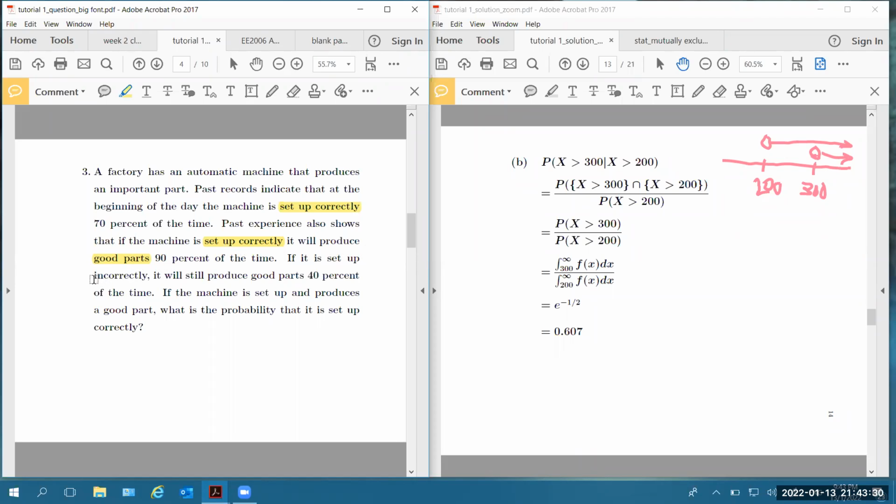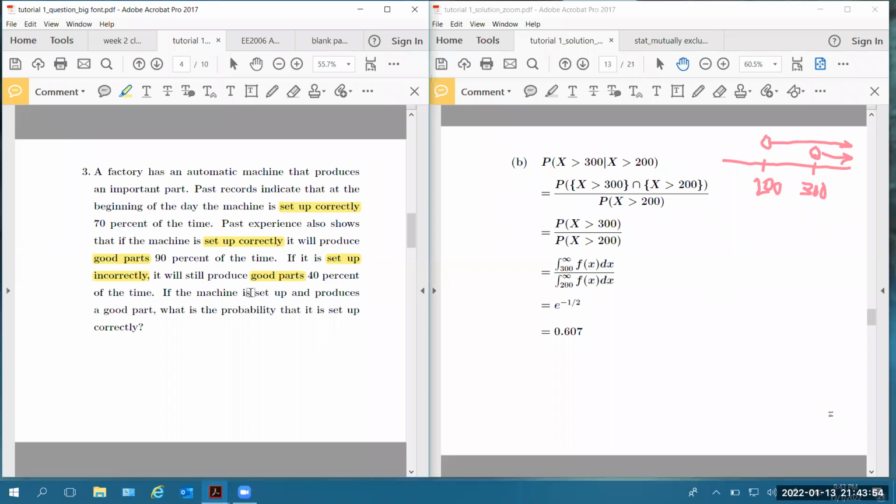It is set up incorrectly. I also highlight "set up incorrectly". Why? Because it's also related to "set up correctly". So it will still produce good parts 40% of the time.